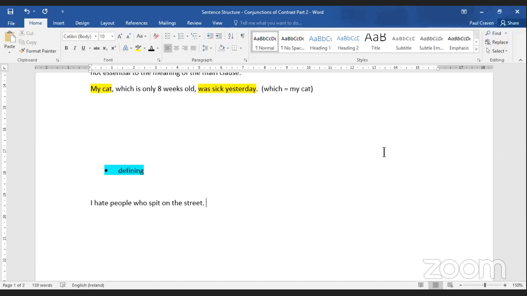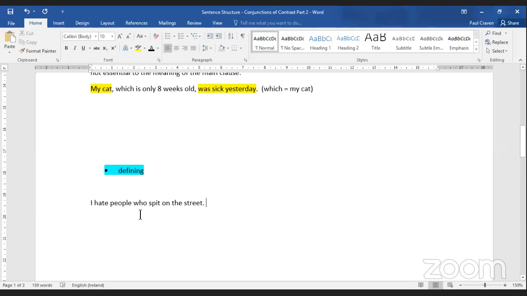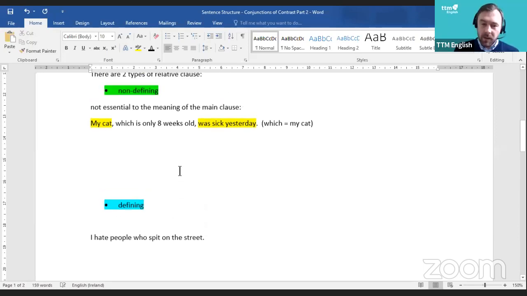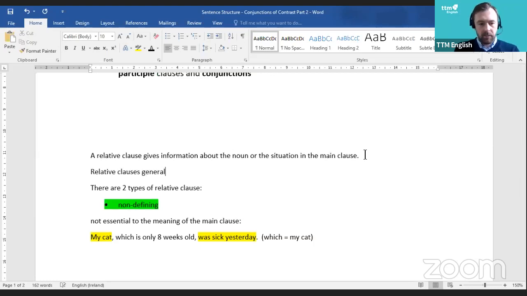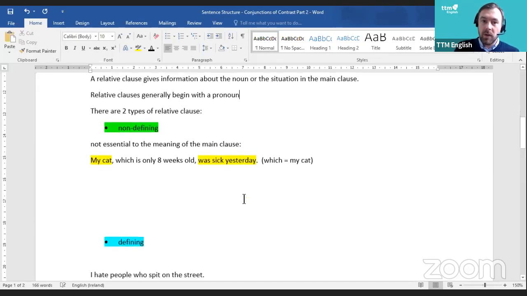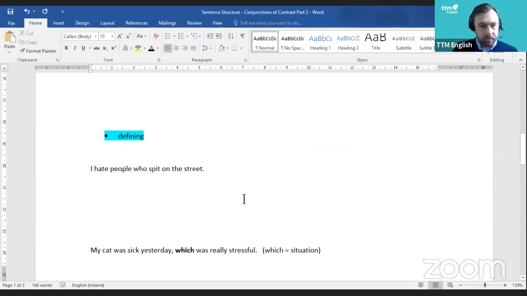Okay. So if I look at this, where is the main clause and where is the defining relative clause? Where do you think it begins? I hate. No. We always know, a basic rule again: relative clauses generally begin with a pronoun. So the pronouns we've used so far have been who and which. So where do you think it begins, Jennifer? Who.